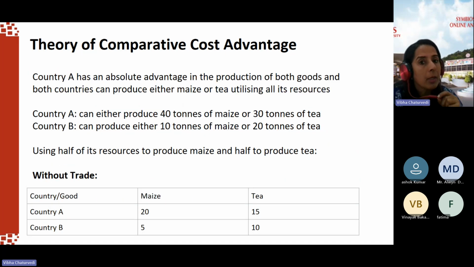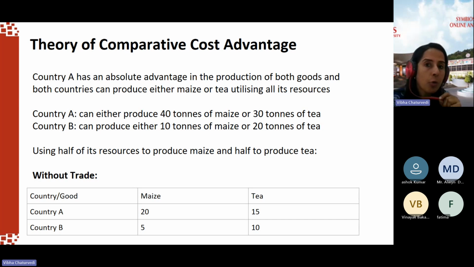even despite the absolute cost advantage they may have. So country A has an absolute cost advantage in the production of both. Let's take the case of country A. It has 400 units of labor at its disposal.